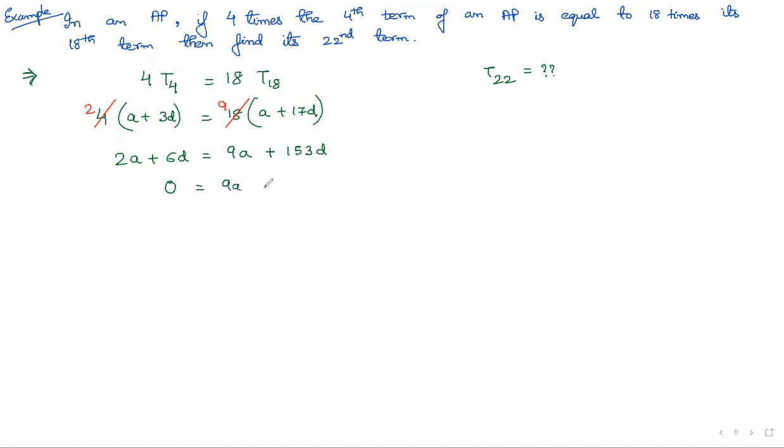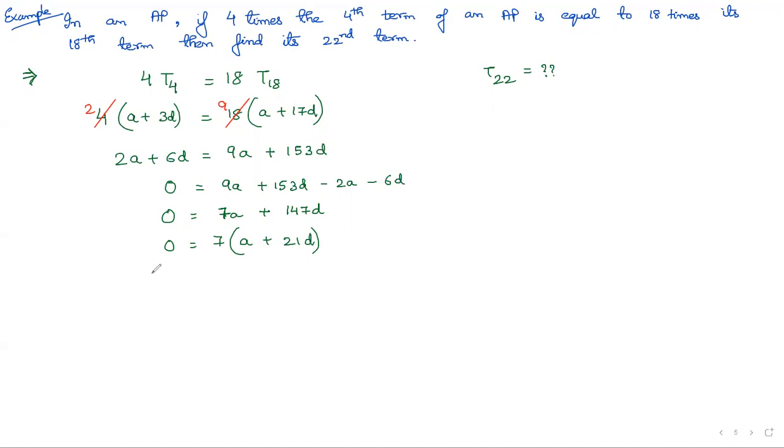So 9A plus 153D minus 2A minus 6D gives 7A plus 147D. Now I can take 7 as common, so this will be A plus 21D, which is equal to 0.